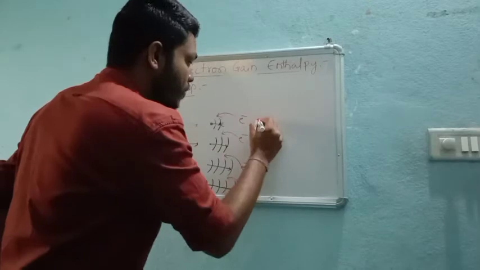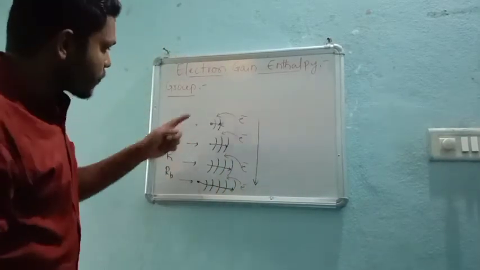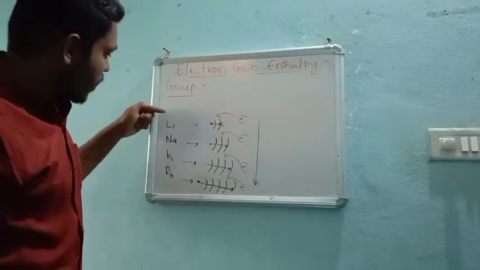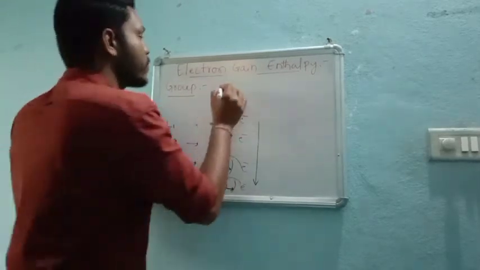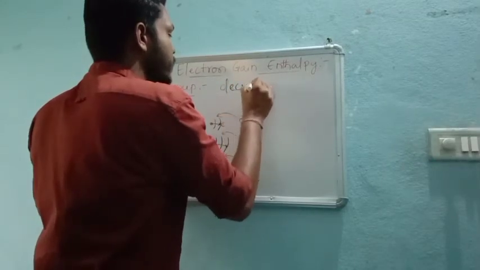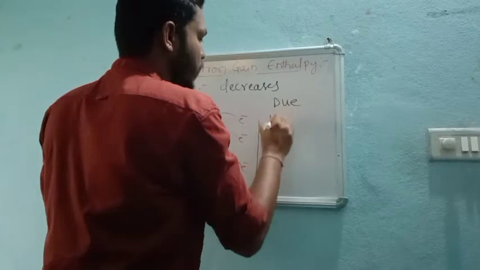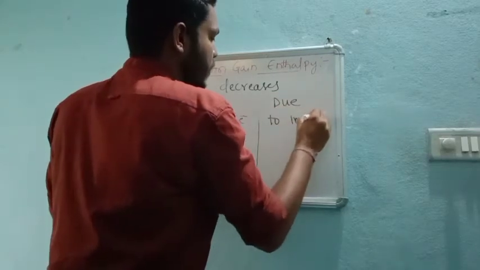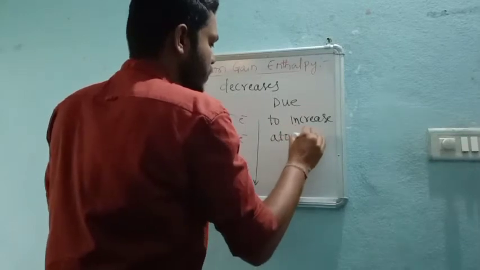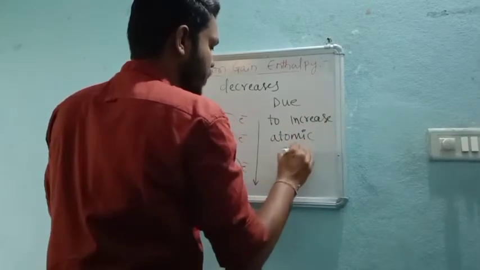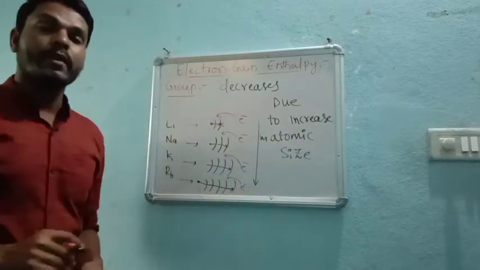Now we can come to one conclusion that as we move down the group, the electron gain enthalpy goes on decreasing, because of the same reason: the increase in atomic size.